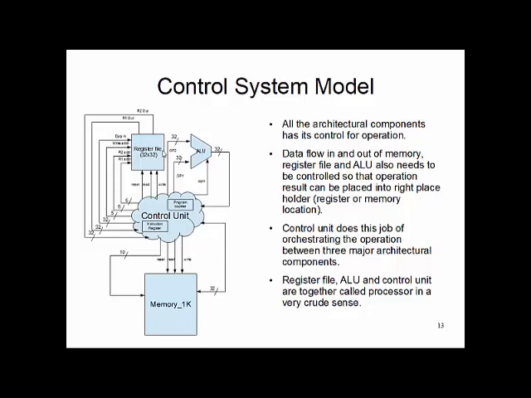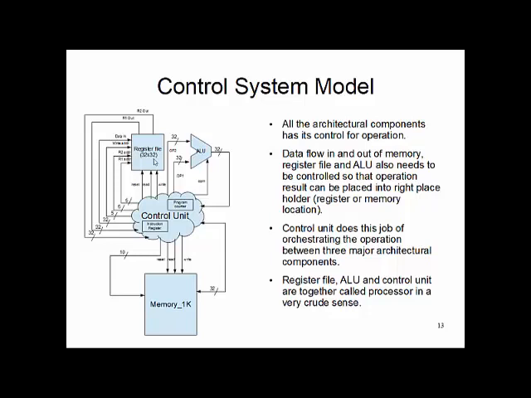So it will first go and access the register file to fetch those two operands. It sends the R1 and R2 addresses for those two operand registers, and gets back the values from the register file. It sets the register file into read mode, keeping the reset inactive, and so forth.